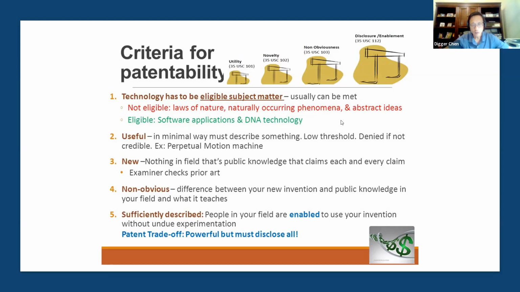Also, the fourth criterion is a little bit difficult to understand. It's called non-obvious. Non-obvious means that if people in the field think your invention is a no-brainer, everybody can think of that, everybody knows that, but you write it out and then apply for the patent?